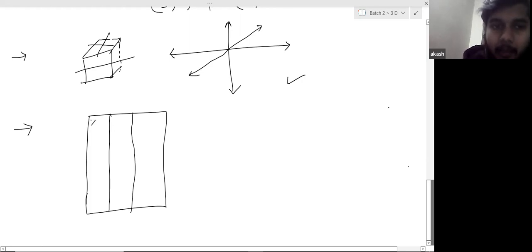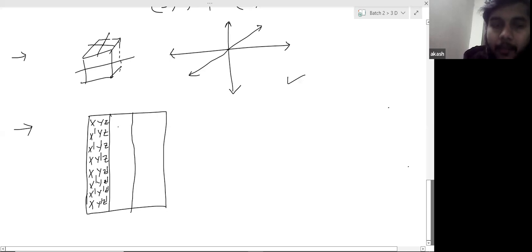Write down x, x dash, x dash, x, then x, x dash, x dash, x. After that y, y, y dash, y dash, then y, y, y dash, and y dash. For z, 4 times z, then 4 times z dash.